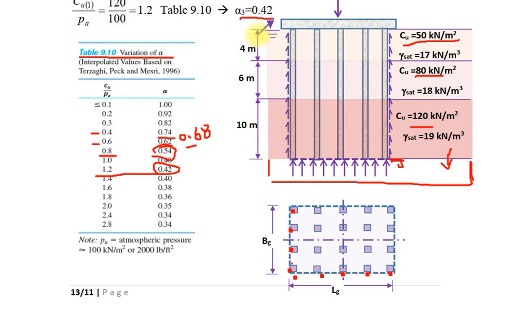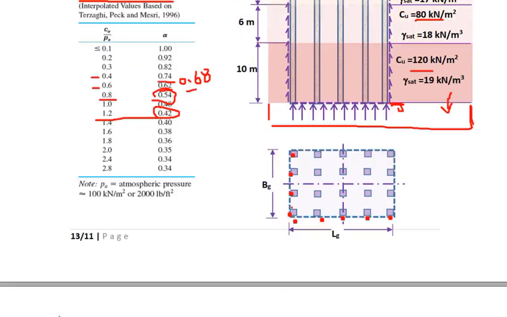Thickness of the layer is 4 meter. Thickness of the layers multiplied by the parameter gives us the surface area.